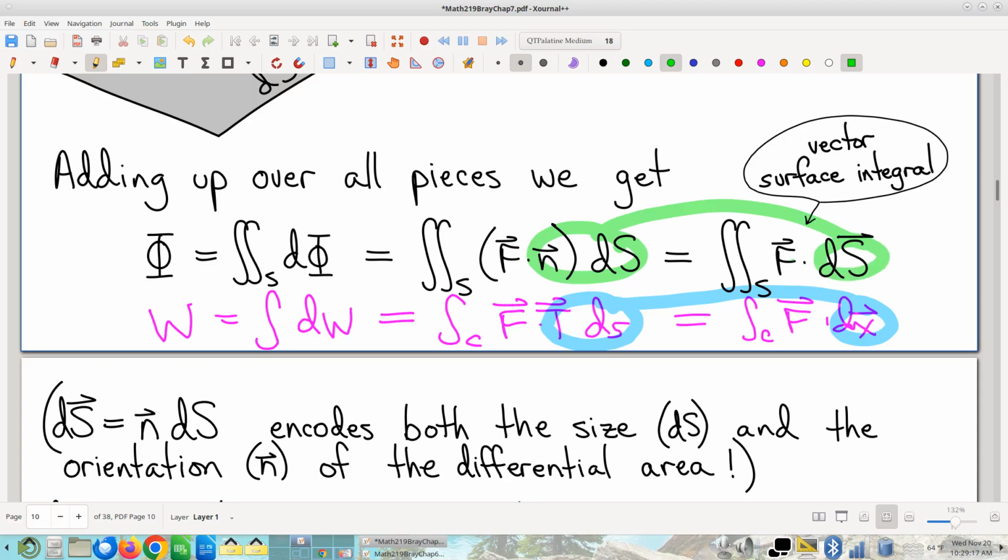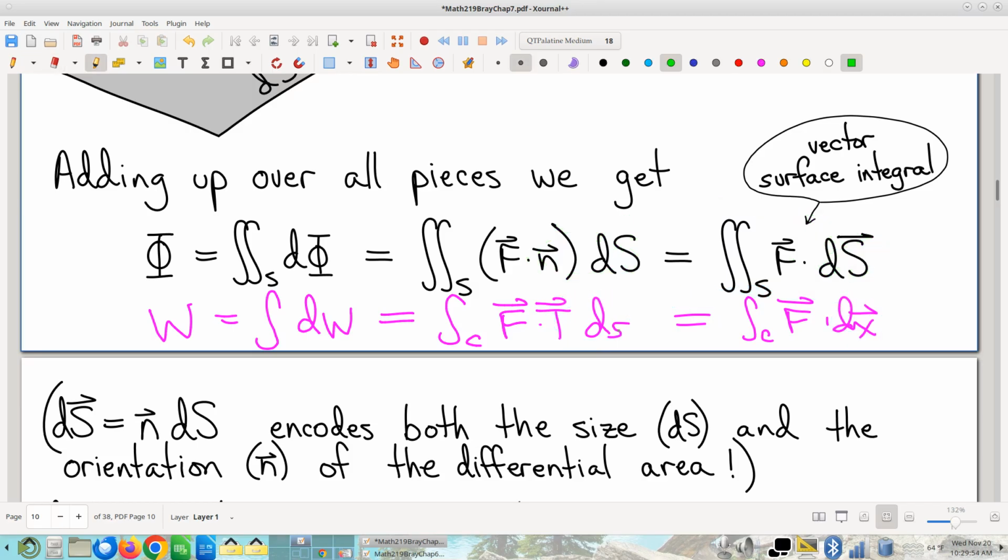A vector differential is a notation that encapsulates both size and orientation, and is a convenient thing to write just on its own, again, for compactness and notational naturality. So the analogy is actually pretty strong there. Y'all willing to buy it? I use this notation a lot, this F dot ds vector notation. I think it's extremely natural. I'll be using it quite a bit.